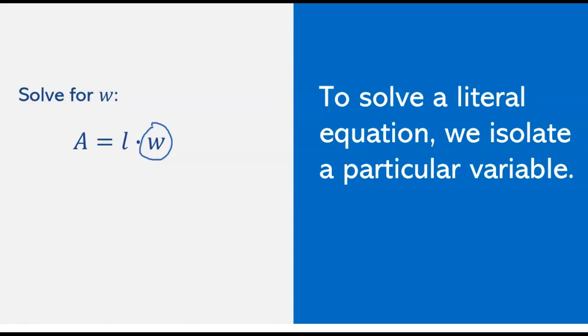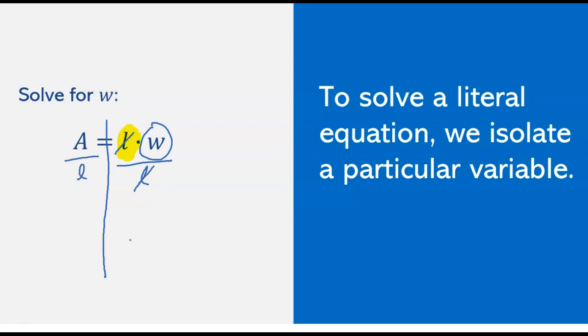We can do our normal circle our variable, draw our line, highlight our other terms on the same side. That tells us what we need to remove, what we need to do to get W by itself. So since we're multiplying by L, to get rid of it, we're going to divide by L. Divide both sides by L.